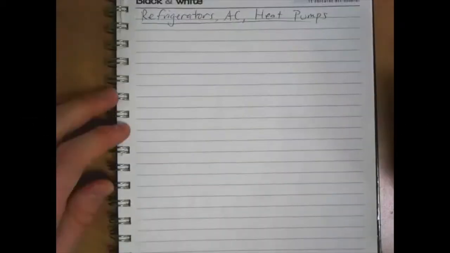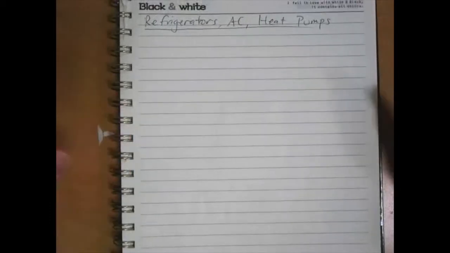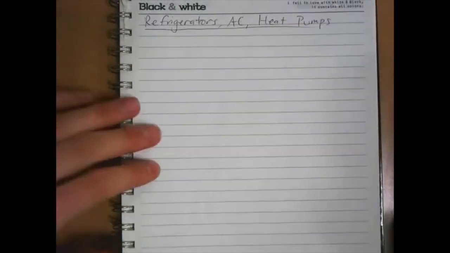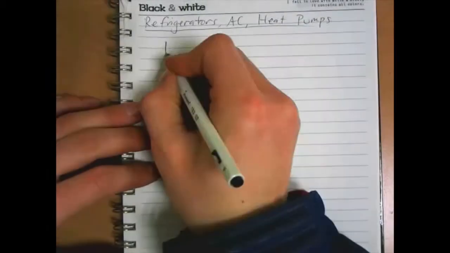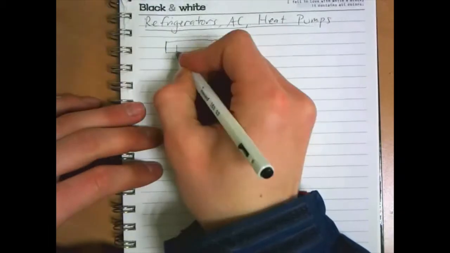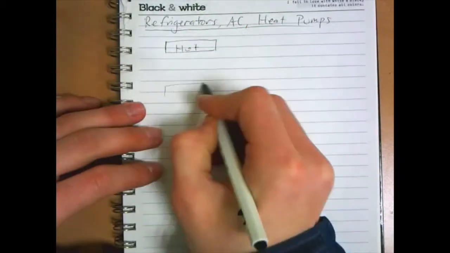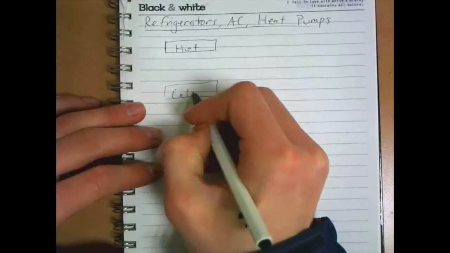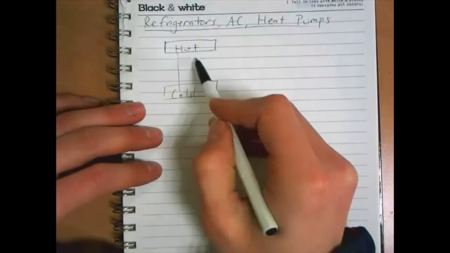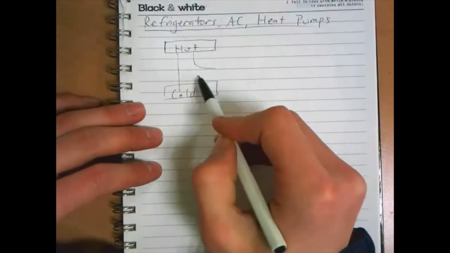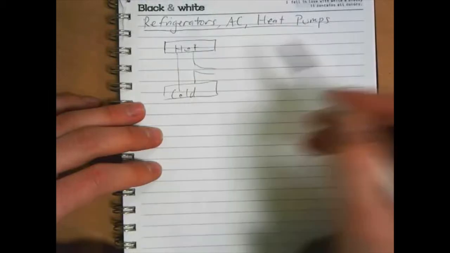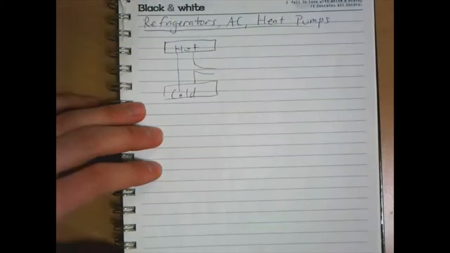Refrigerators, air conditioners, and heat pumps are all essentially the same process. And they are also essentially heat engines running in reverse. So remember, with the heat engine, we had our hot reservoir, we had our cold reservoir, and then there is mechanical work being done.